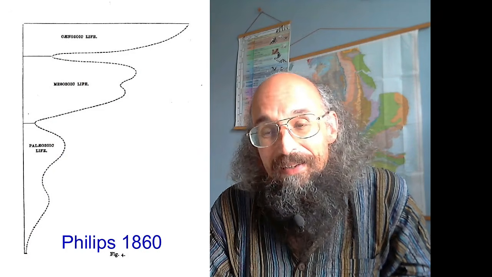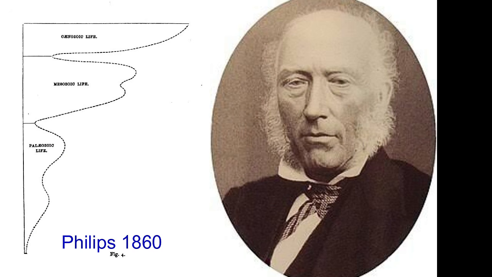And this broad outline actually goes back to about 1860. The first sort of summary of the diversity of life through time was by a guy called John Phillips. And it was a pretty crude diagram, but it showed several components which are still recognizable in the curves today, which is amazing, really.